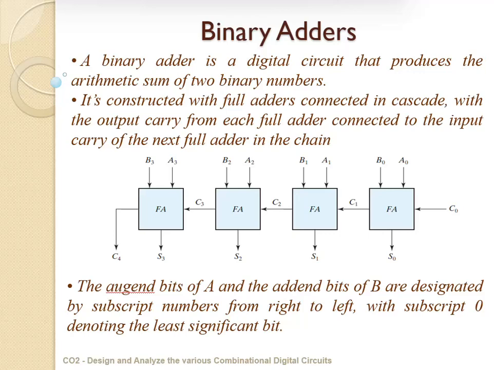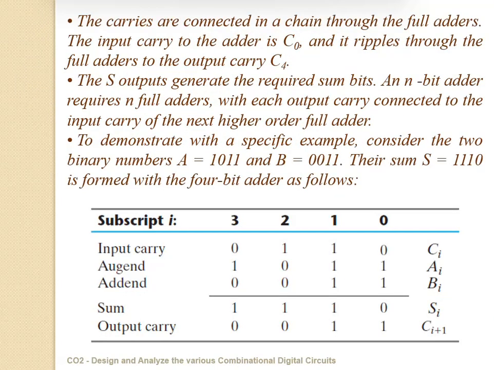C1, C2, C3 are the intermediate carries that act as the input for the next full adder, and C4 is the output carry. The carries are connected in a chain through the full adders. The input carry to the adder is C0 and it ripples through the full adders to the output carry C4. The S outputs generate the required sum bits.